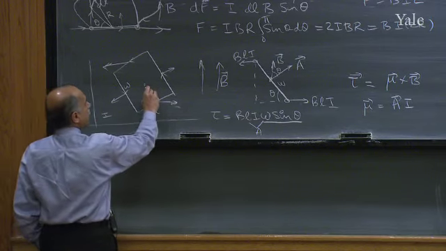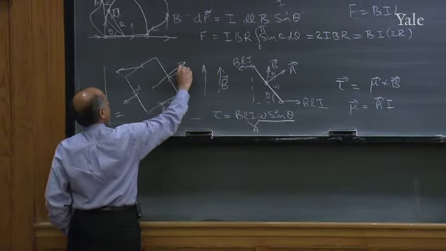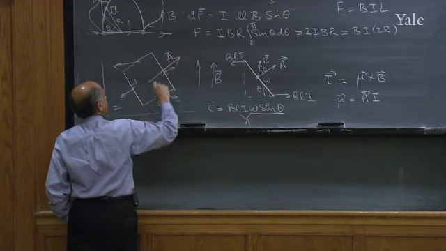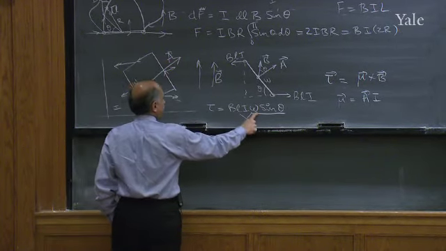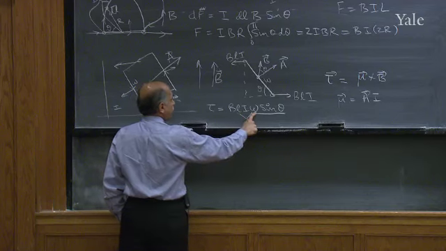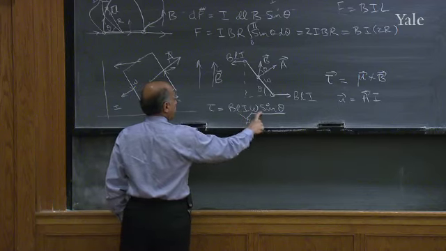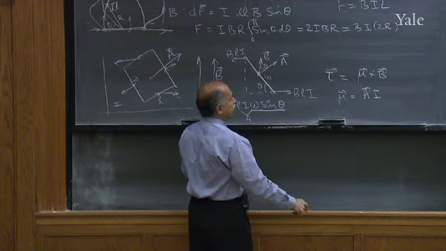The area of the loop, which points perpendicular to that, has a value equal to L times W. So I times area is called the magnetic moment, and that times B times sine theta is the cross product.